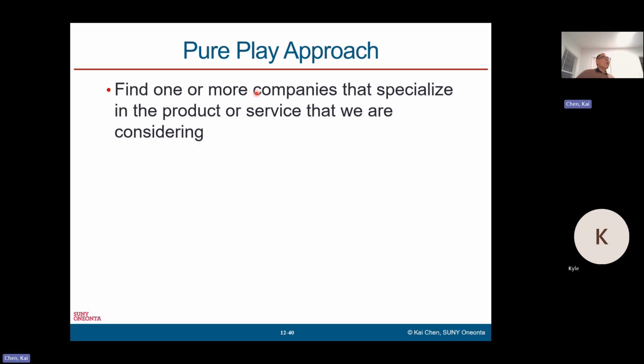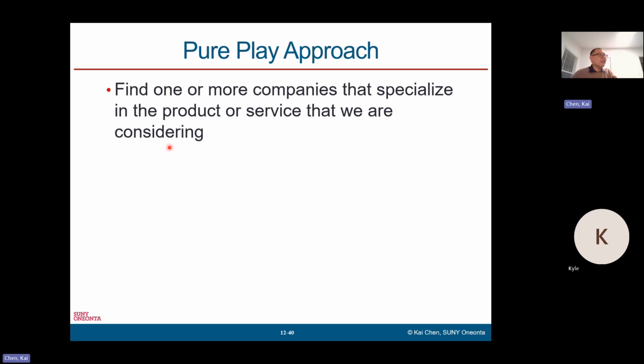We can find one or more companies that specialize in the product or service that we are considering. For example, if our company will have a project to produce beer, then on the market we can find one or more companies that specialize in the production of beer, or whose main projects are beer.